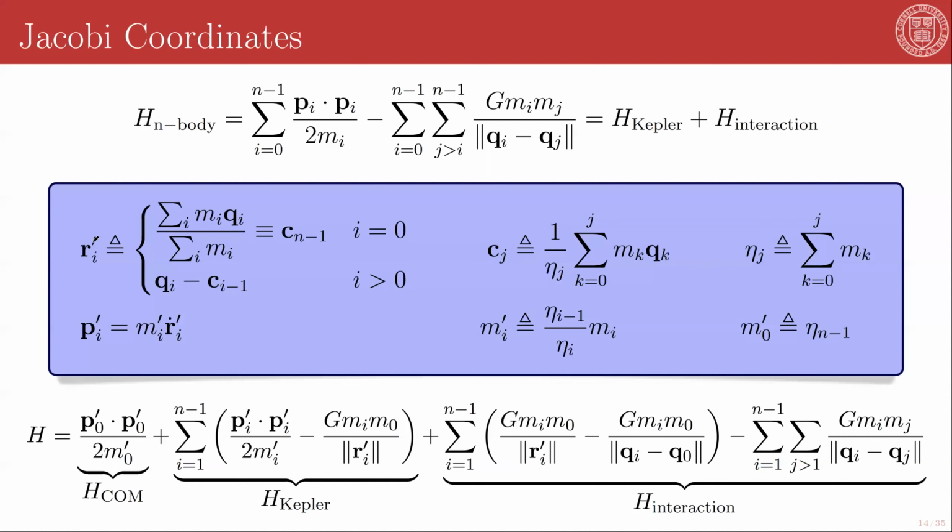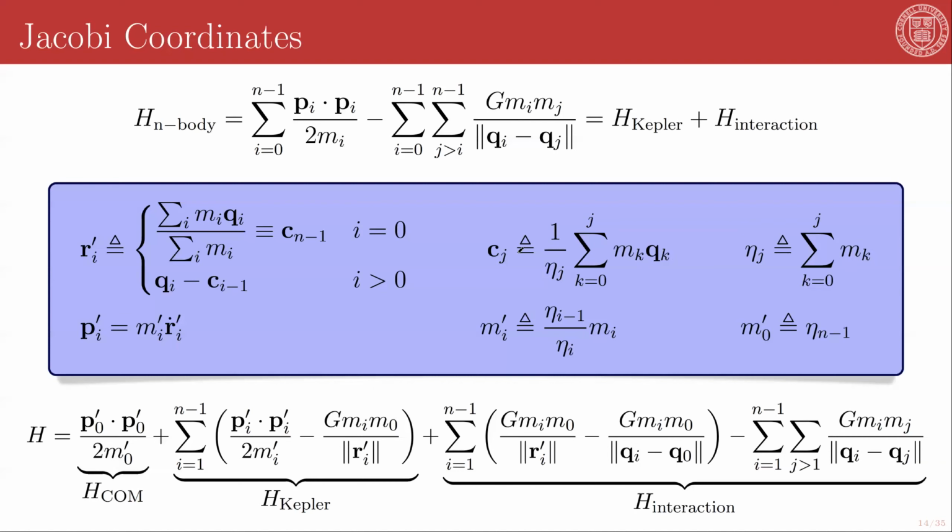We will call them r sub i prime, and they are defined such that the first coordinate, the index 0 coordinate, is the total center of mass of the whole system. And we will introduce a more compact notation such that we can call this c sub n minus 1, where in general, c sub j is defined as 1 over eta j of the sum from k equals 0 to j of mass m sub k times the coordinate of body k, and eta j is the sum from k equals 0 to j of the masses.